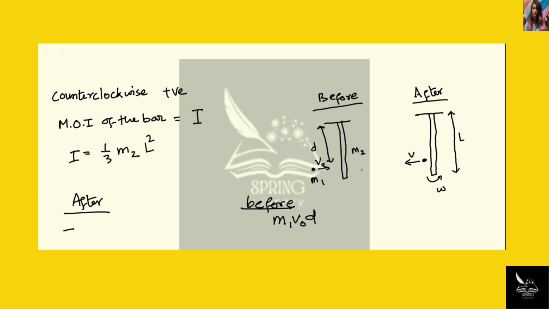So it's a negative sign because it's going in the opposite direction, but it will be m1 times v, where v is the velocity of the ball after the collision, and d is the distance again from the point of hitting to the pivot point, plus, since the bar starts swinging, the angular momentum will be I times omega, where I is 1/3 m2 L squared, times omega. So this is after and this is before, and due to the conservation, they should be equal to each other.